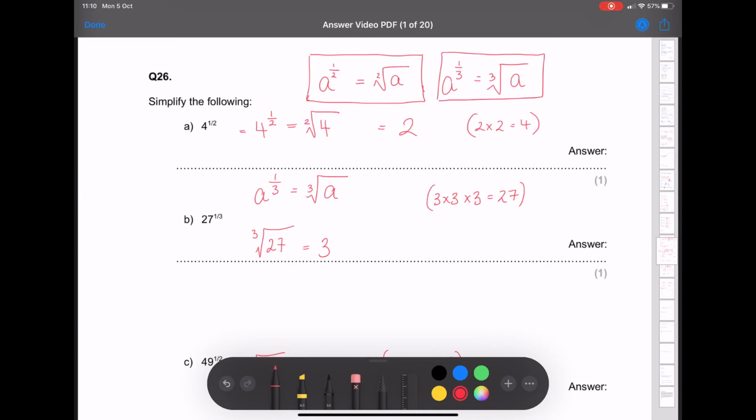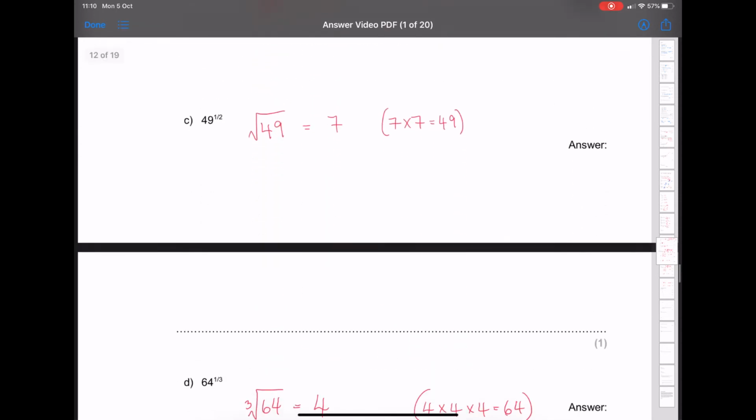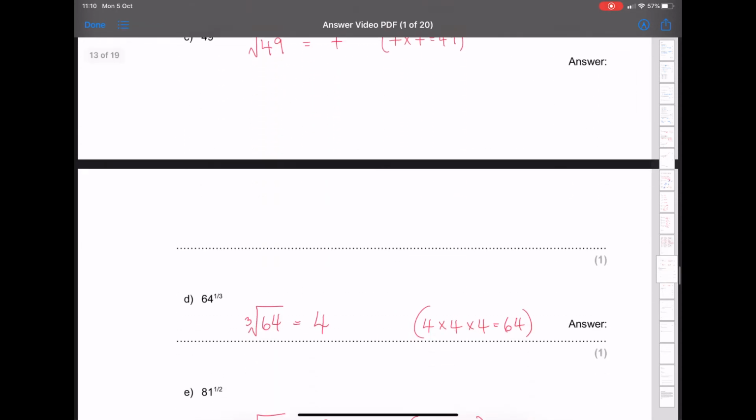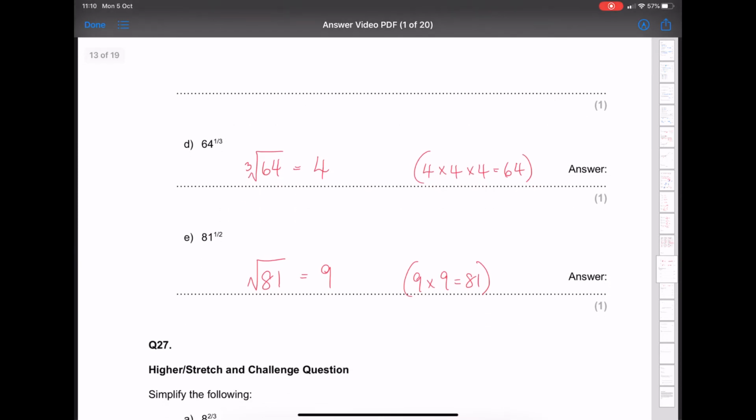So 4 to the power of a half is the same as the square root of 4. 27 to the power of a third is the same as the cube root of 27. 49 to the power of a half is the square root of 49. 64 to the power of a third is the cube root of 64. And 81 to the power of a half is the square root of 81.